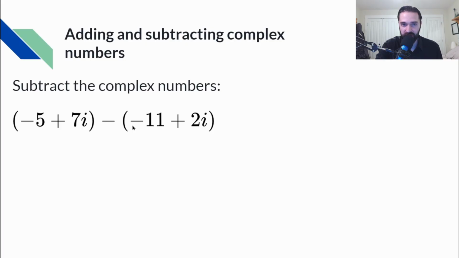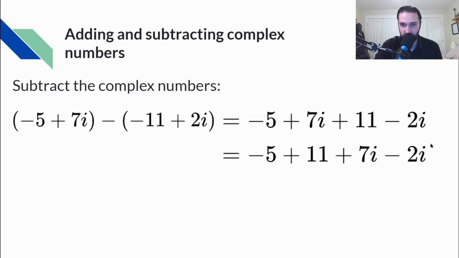So when we get rid of the parentheses here, we need to distribute this minus sign to each piece in here. That gives us negative 5 plus 7i plus 11, because minus negative 11 is plus 11. And then we get minus 2i. So the parentheses are gone, so we can rearrange this to get what we want in standard form.